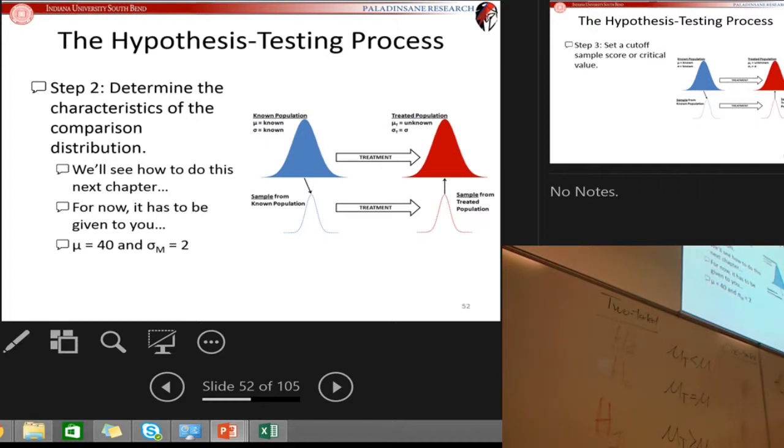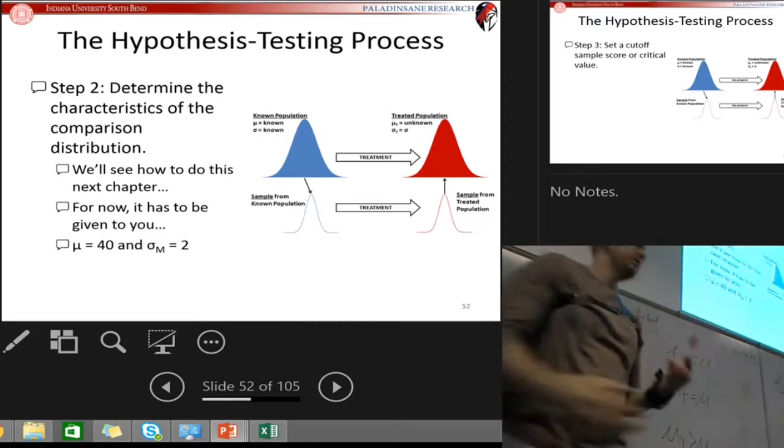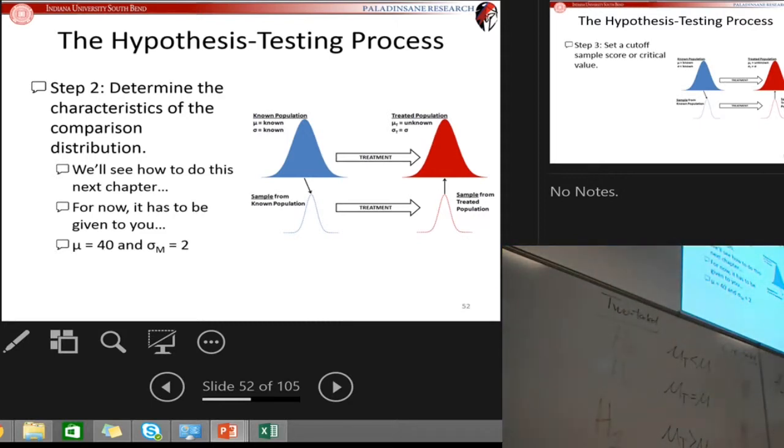This is what we're comparing our sample to, not the population, but the comparison distribution, because the population is a distribution of individuals. The comparison distribution is a distribution of samples. We have data from a sample. We have to compare it to a distribution of samples. So this is your distribution of sample means.